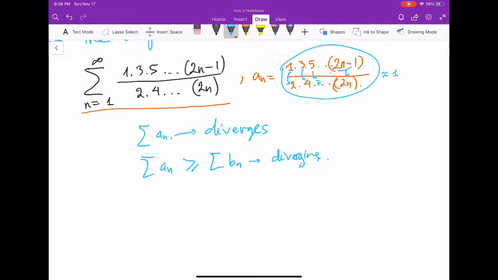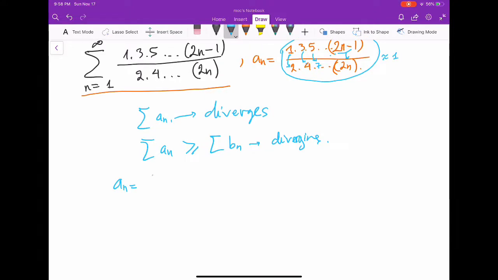I'll find b_n in the following way. I will rewrite a_n. a_n starts with 1, but 1 is nothing, so I don't write it because multiplying by 1 does not affect the product.